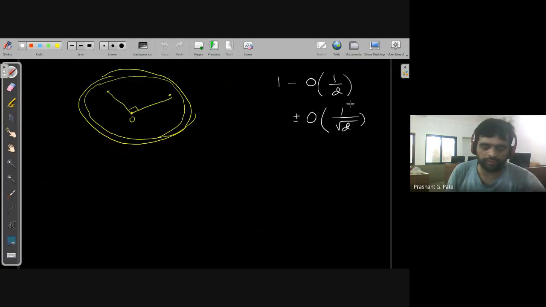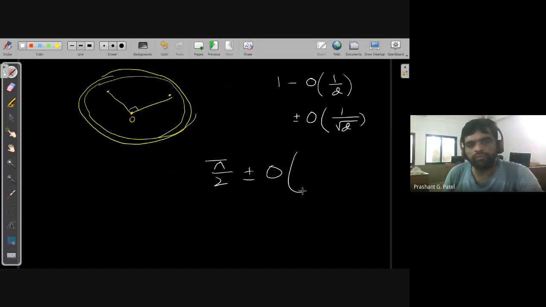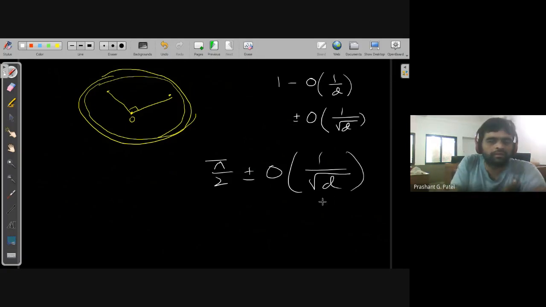This implies that with high probability the angle between these two vectors will be pi by 2 plus or minus big O of 1 by square root of d.